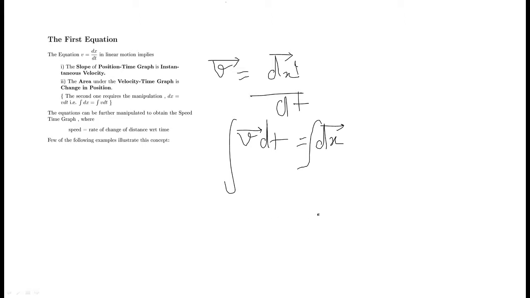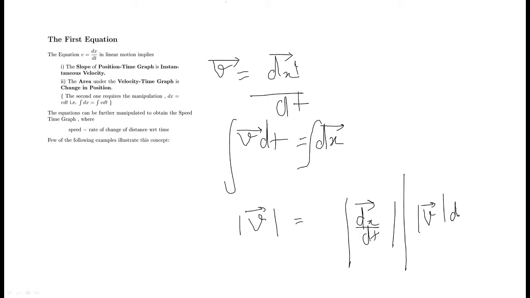So we can say we have mod of v vector bar equal to mod of dx vector by dt. Now further changing it to integral form, we get integral of mod v vector dt equal to mod dx vector. Okay, so this is the speed relation.